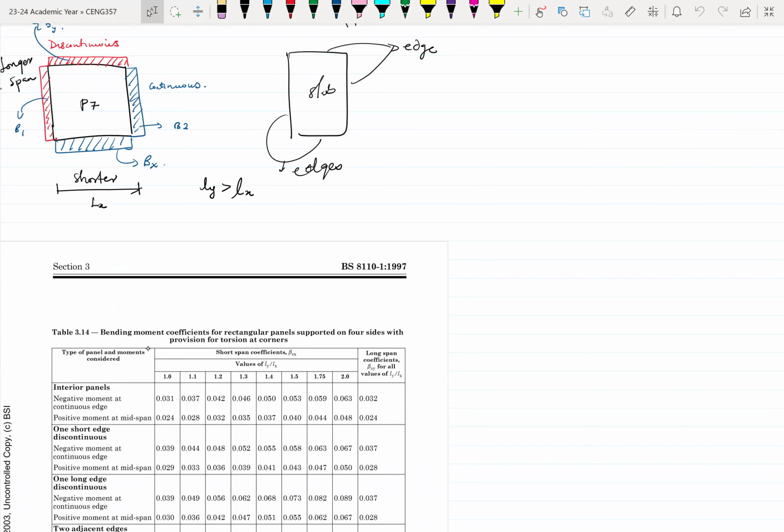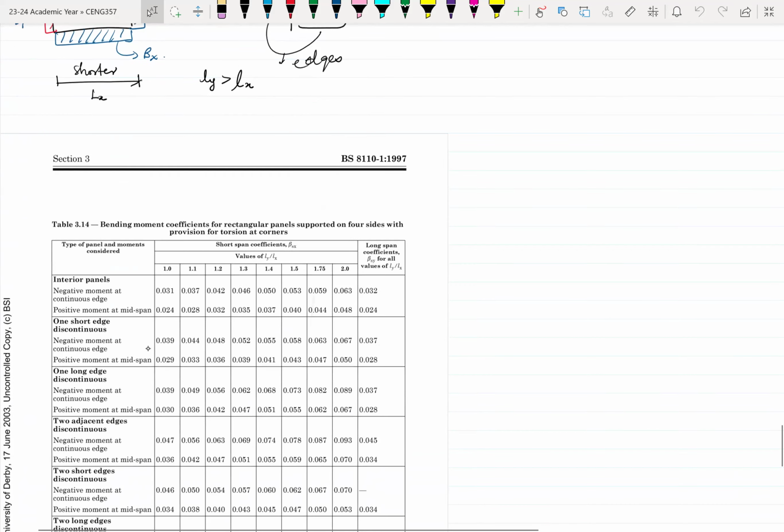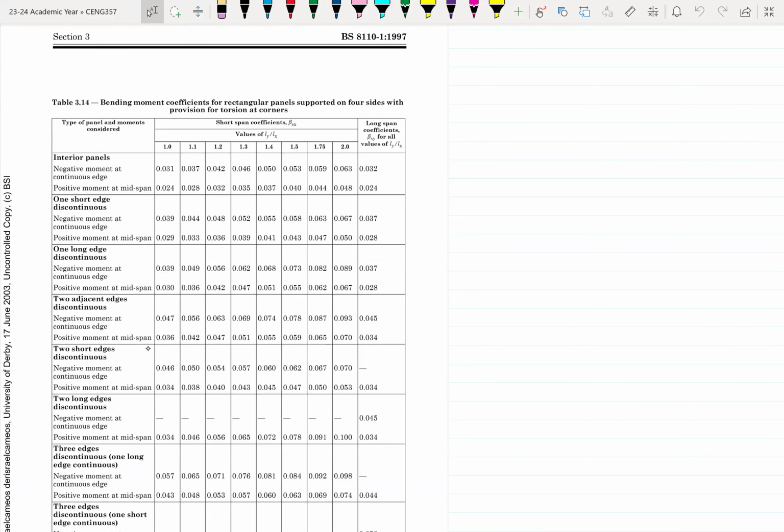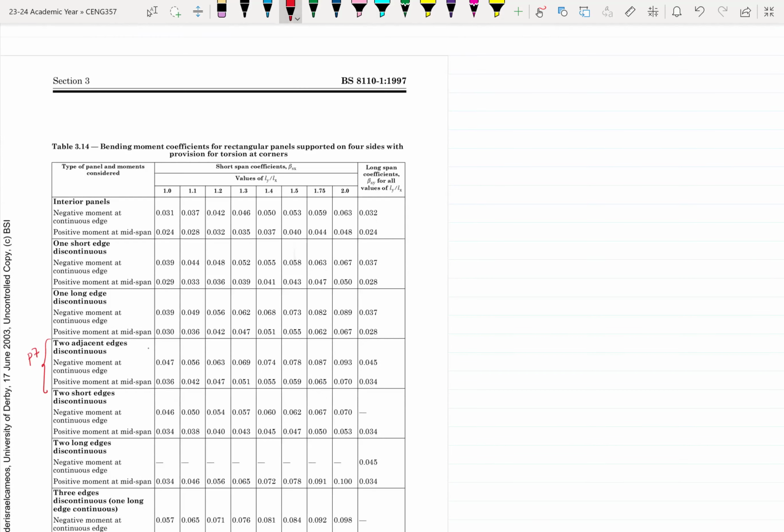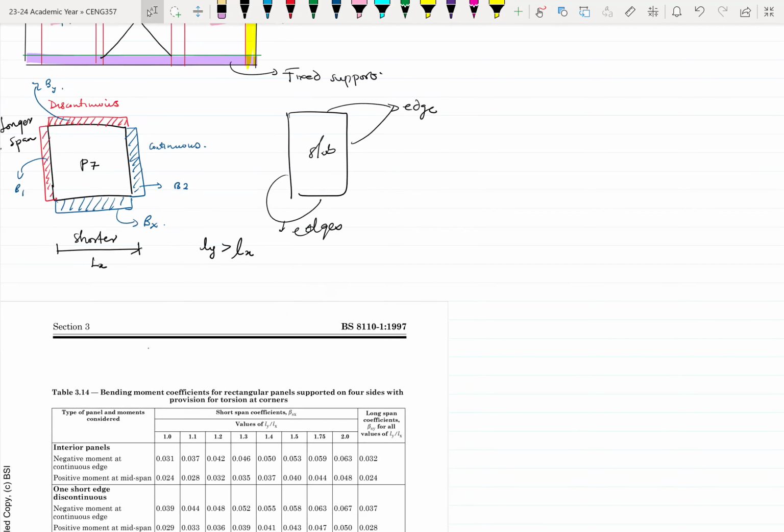One long and one short, and they are adjacent to each other. So that will be this panel, okay? So when designing, this panel is what we'll look at, where you have two adjacent edges discontinuous, okay? So that's for panel 7.